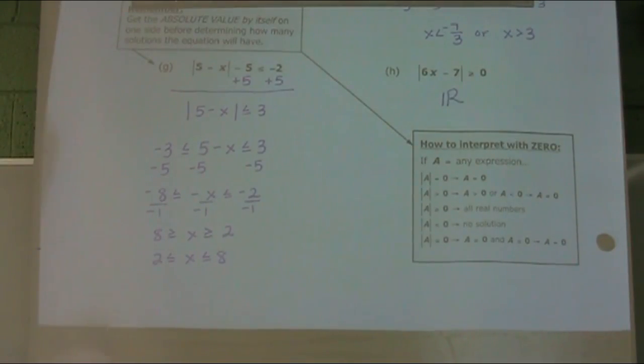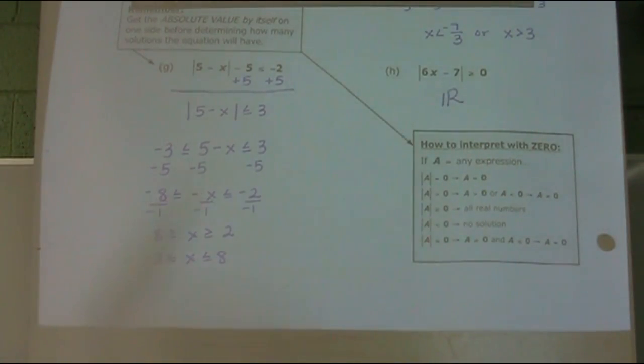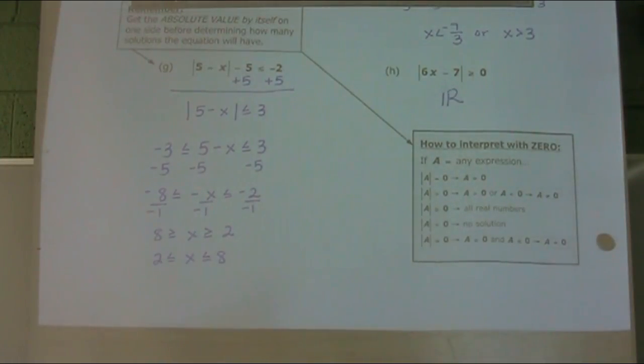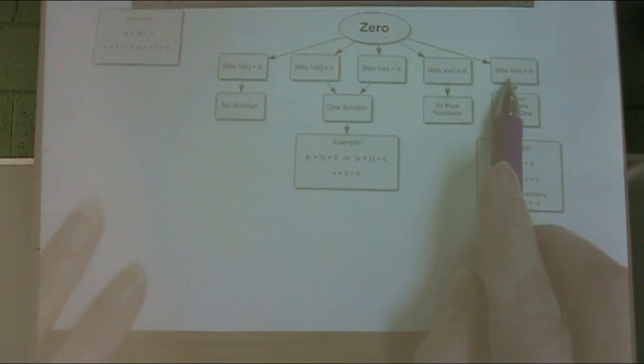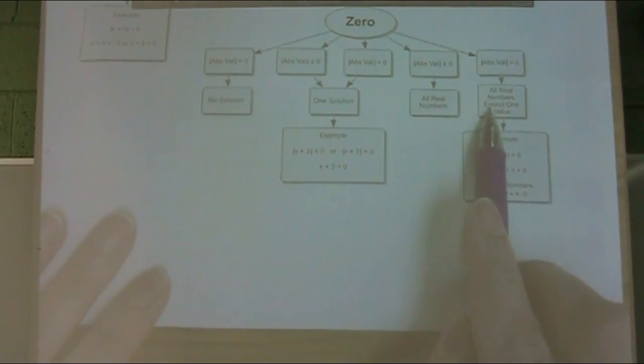But here's the tricky thing. If this were just greater than 0, then here's what would happen. This cannot be equal to 0. And so what happens is we're going to go to this chart and we'll look for absolute value greater than 0. And what that means is all real numbers except one value.